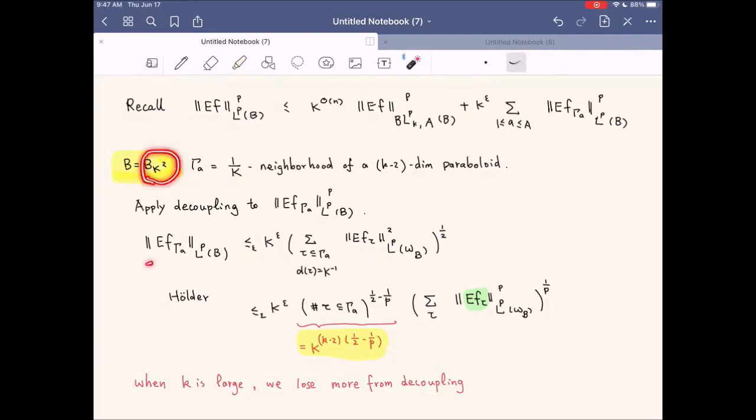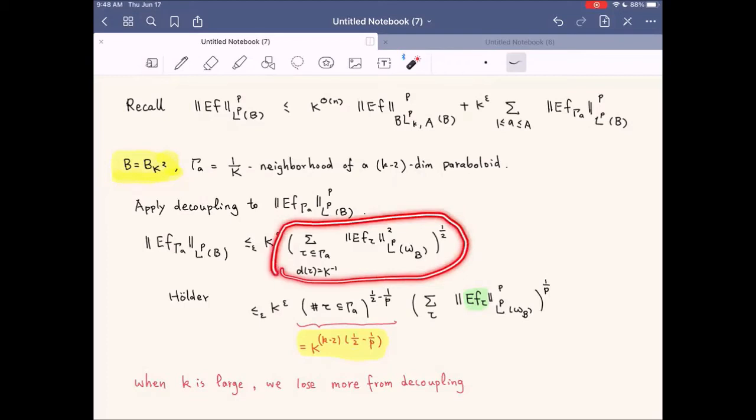Because this ball has radius K squared, and EF gamma A has Fourier support on the 1 over K neighborhood of a lower dimensional paraboloid, we can apply the Bourgain-Demeter decoupling. Since this is K squared, we can decompose into caps of radius K to the minus 1, up to a loss of K to the epsilon. And now we have this little L2 inequality.